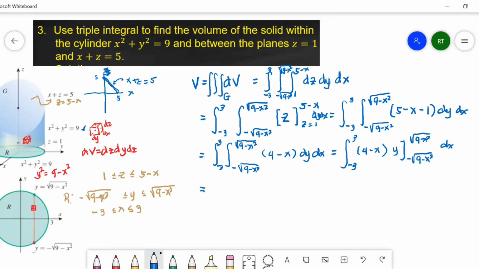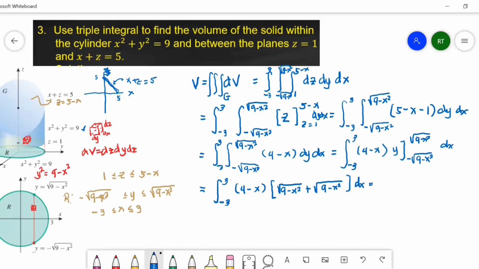Hence, that will give us the integral from minus 3 to positive 3 of the quantity 4 minus x times, when y is equal to the upper limit, square root of 9 minus x squared, minus the value of y at the lower limit, negative, so negative gives us positive square root of 9 minus x squared, times the differential of x.